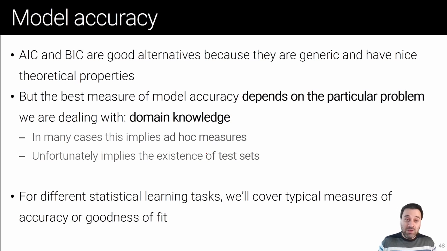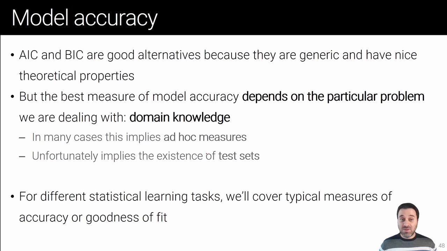Unfortunately, that usually implies that we are going to have a test set on which we can compute those ad hoc measures. The good thing about a test set is that it's going to allow us to compute any statistic about model accuracy whatsoever, absolutely anything. And so sometimes if we have to look for something very specific, we are going to need a test set.